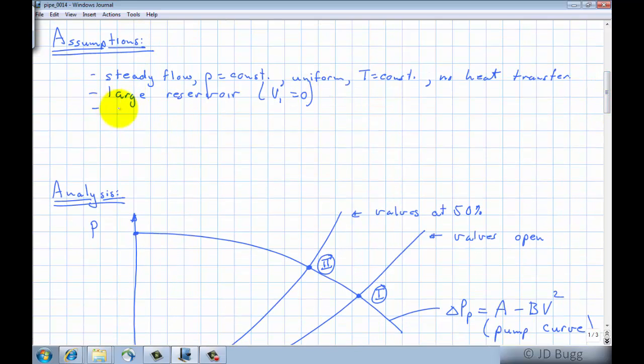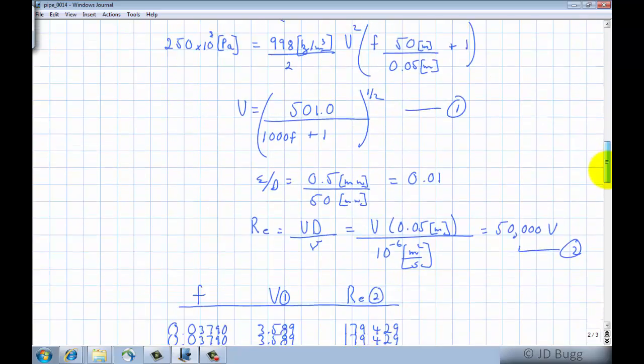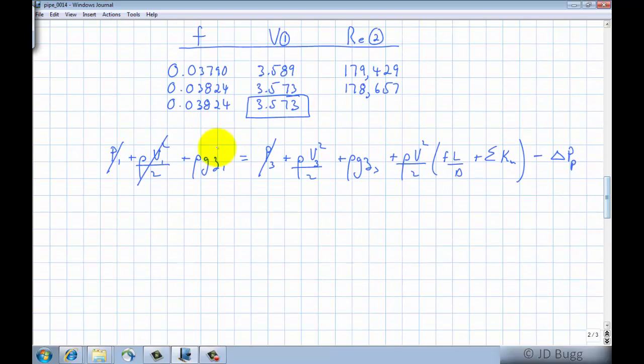And we should also say here there's no elevation changes. So that means all of the z's are the same. So that allows me to cancel out these two terms as well. V3 we need to keep because the fluid still has some kinetic energy leaving the piping system.